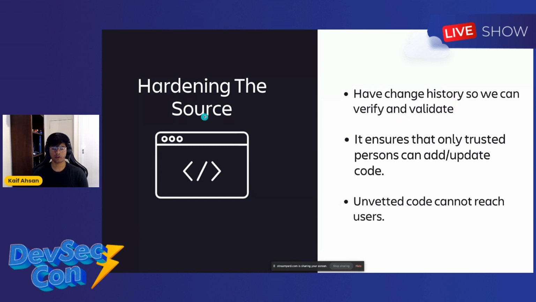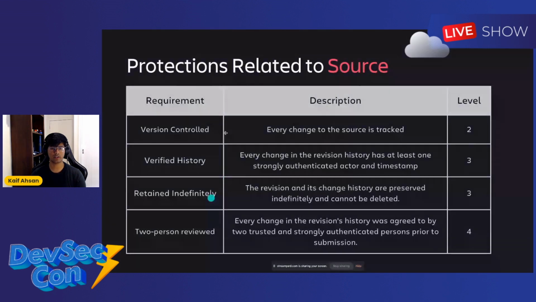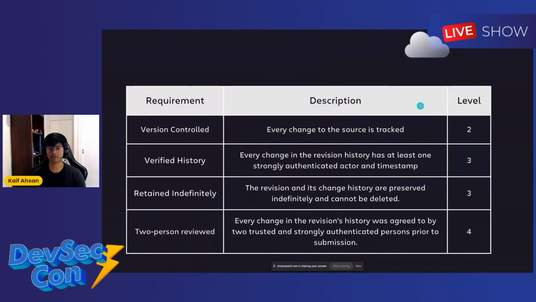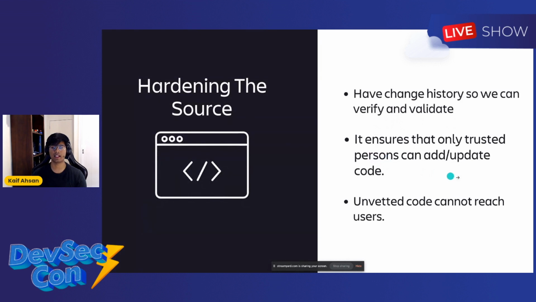Similarly, for source, which in a lot of cases is source code, only trusted people can add and update the code. So the higher you climb in the levels of SLSA, the more authentication and authenticity you need to be able to add and remove code. Similarly, unvetted code cannot reach the users. If you distill all those steps, it becomes these three high level things that SLSA is trying to help you achieve.